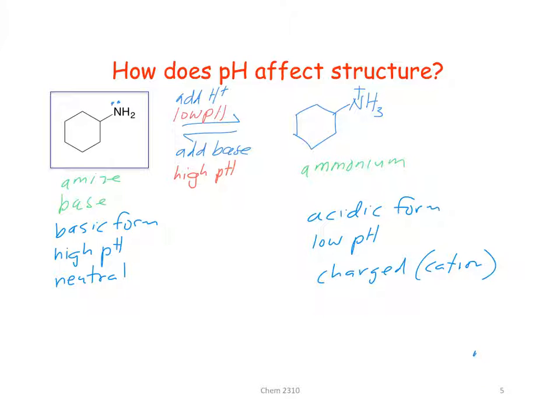Based upon what we learned on the last slide, which of these two compounds do you think would be more water soluble? Water is a very polar solvent, and so it's going to dissolve the more polar species. Which one is more polar? The more polar one is going to be the charged species.